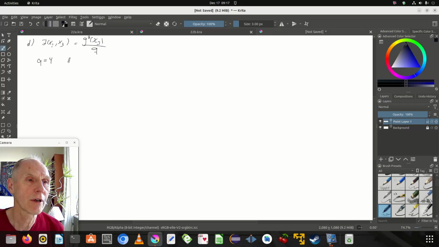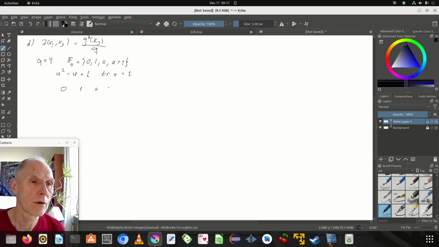The field has 4 elements. And this is the minimal polynomial of the u's. So the trace of u is 1. And that means psi is 1 and minus 1.